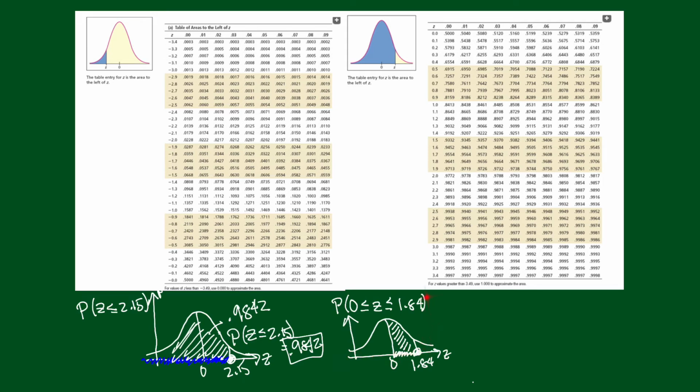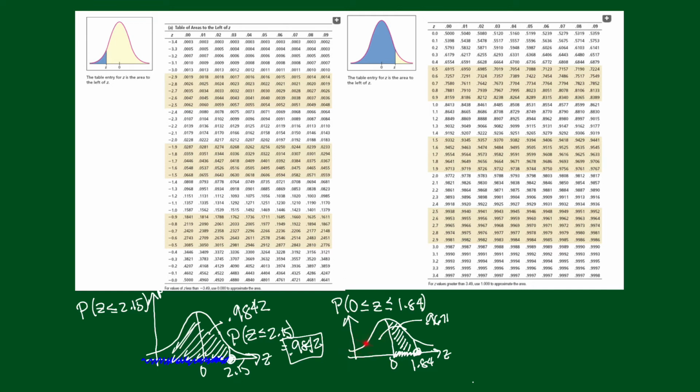So if we find this area, 1.84. What do we get? 1.8 over to 4. 0, 1, 2, 3, 4. Okay. I get 9671. All right. So this area right here, all of that, is 0.9671. But I don't want all of that. I don't want this part right here.